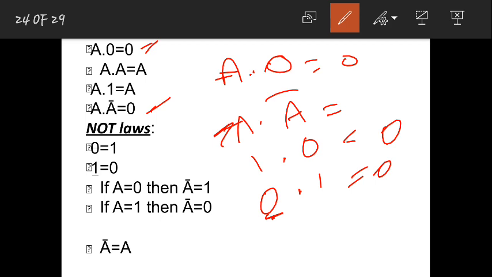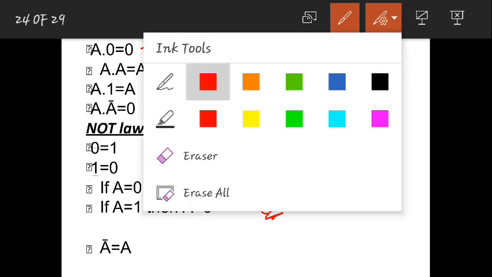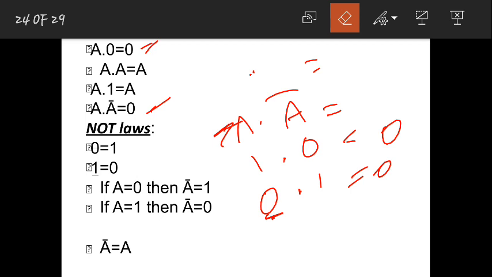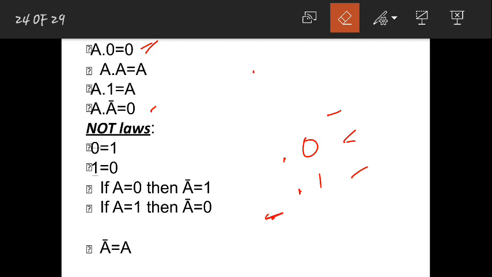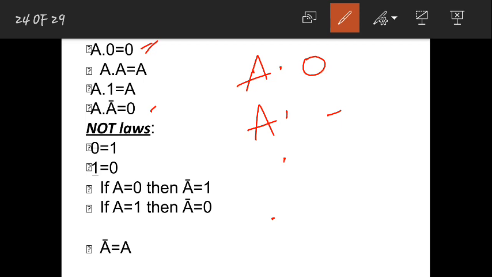After this we have the other two. Even for the other two, if you want to verify, just take them and try to solve them. You have 4 possibilities. What are those possibilities? I am writing them again. A is ANDed with 0, A is ANDed with A, A is ANDed with A bar, then A is ANDed with 1. 0, 1, A bar, 4 possibilities.